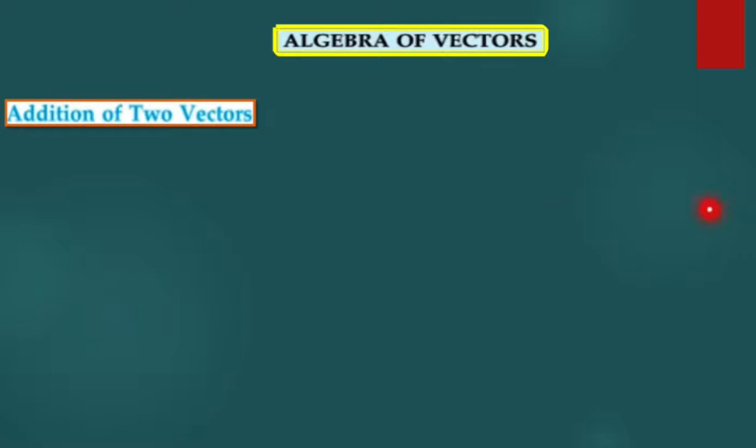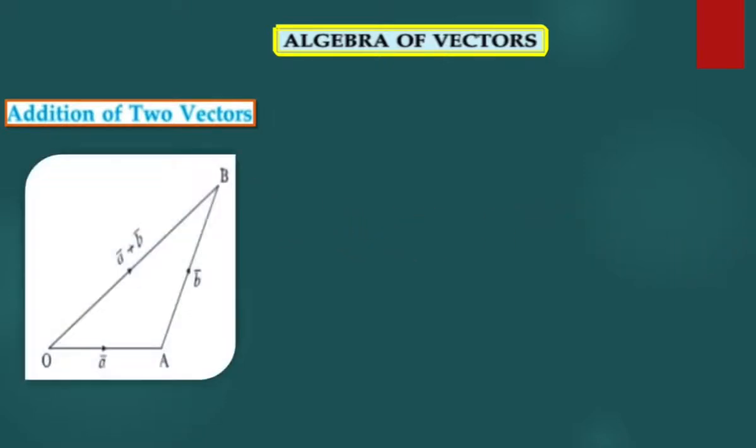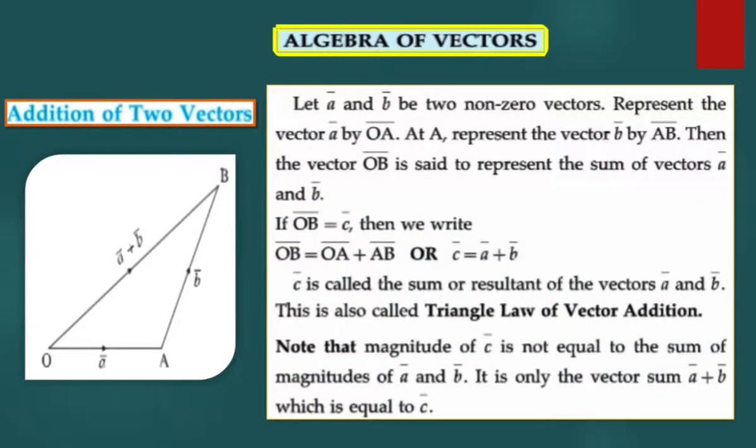Now algebra of vectors, we see the second point, addition of two vectors. In that we use the triangle law of vector addition. Now see in this diagram, we consider two vectors OA and AB.